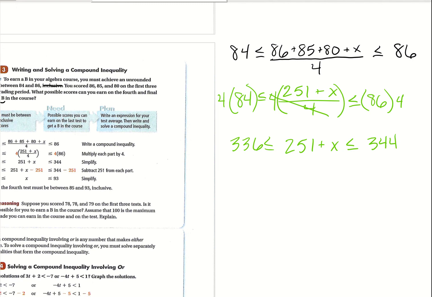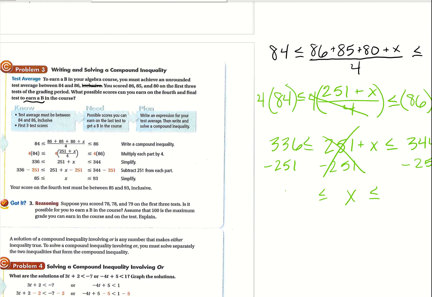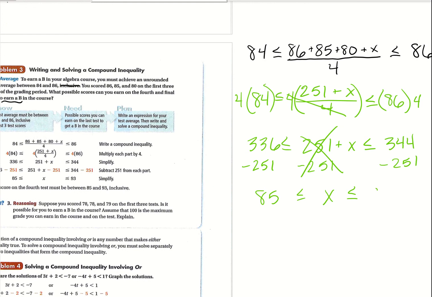Now I'm just going to continue solving. Subtract 251 from all three sides, you could say. It's a triangle problem, apparently. And then we've got x in the middle, which is what we want, and 85 on this side, and 93 on the other.